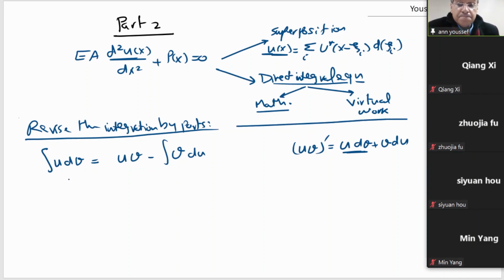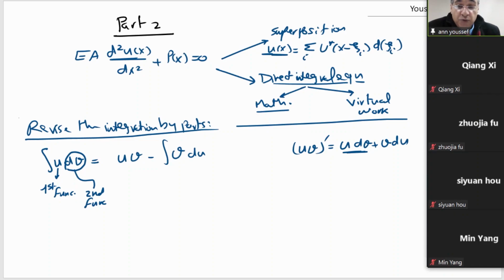But here, I want to read it. So this one, I'm going to call the first function, and this, the second function.